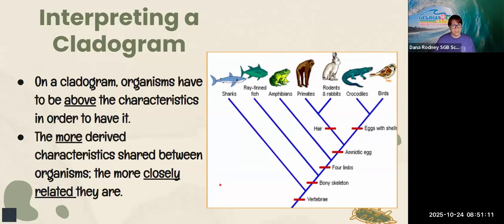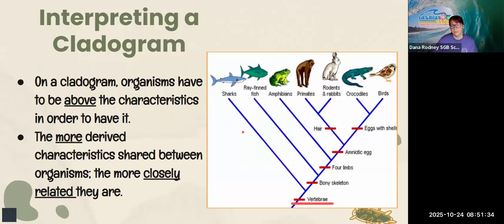As far as interpreting a cladogram, the organisms have to be above the characteristic in order for them to have the characteristic. The more characteristics they share, the more closely related they are. So if we look here, all of these organisms have a vertebra because vertebra is below everything here.